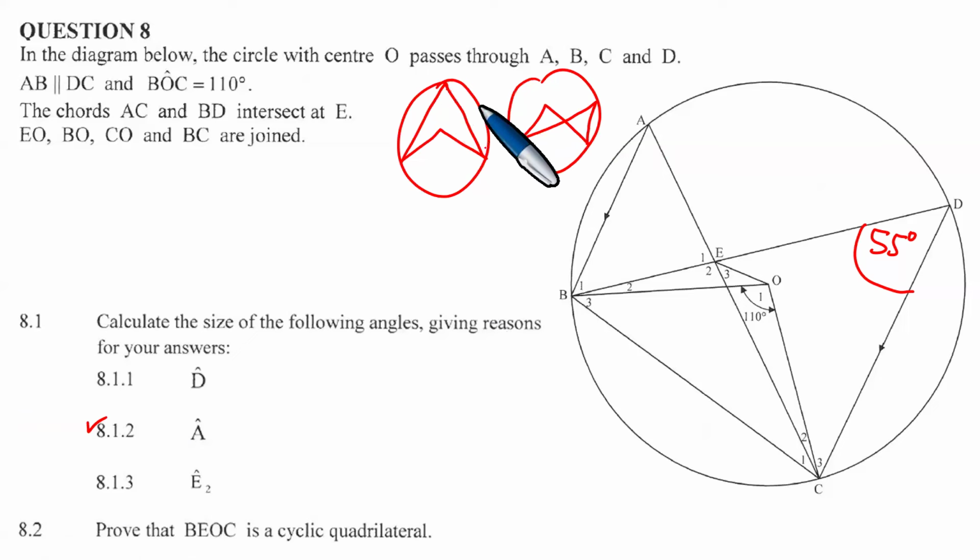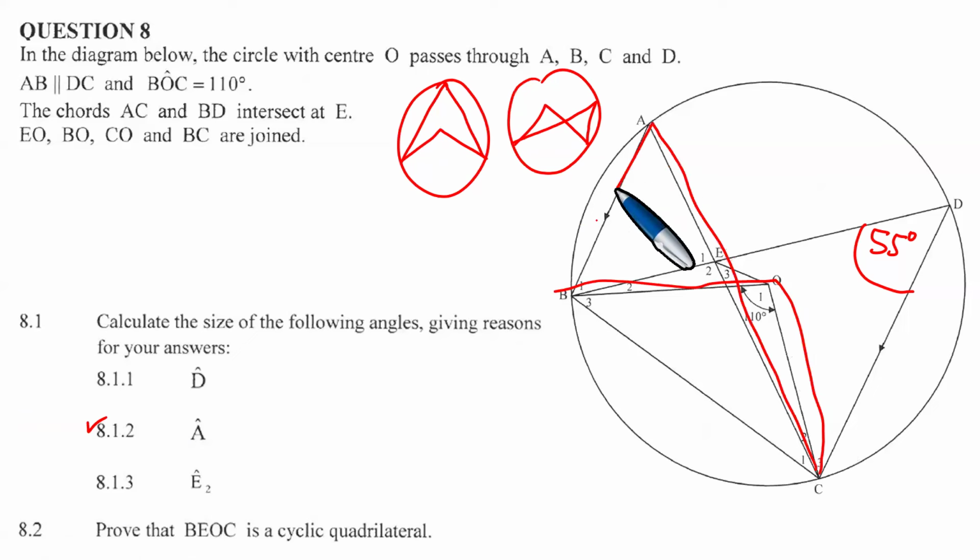So you can move this one here. If you imagine this being a rubber band, a string that you can just move like this, the diagram is like this. So the angle at center is twice the angle at circumference.